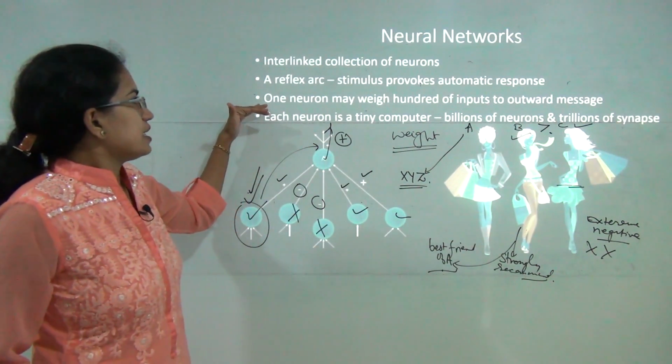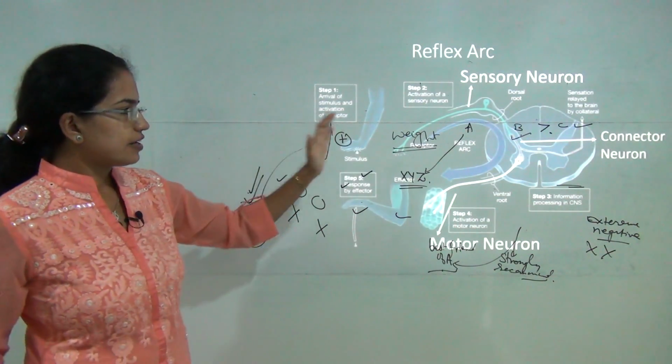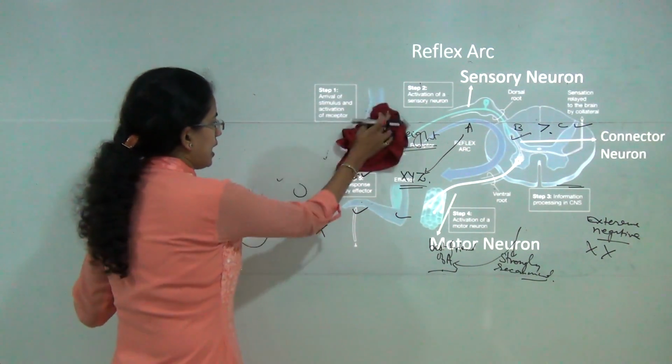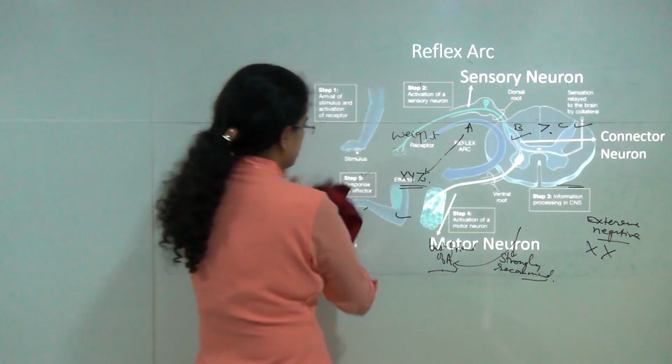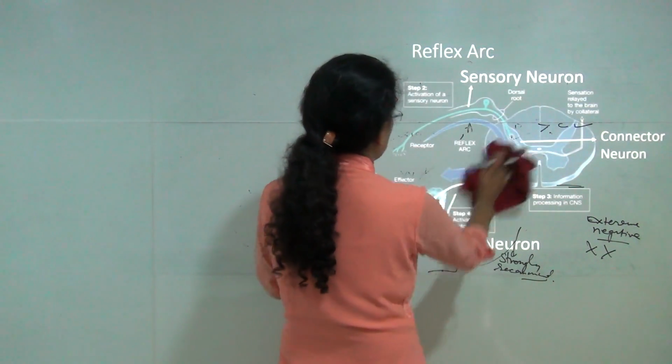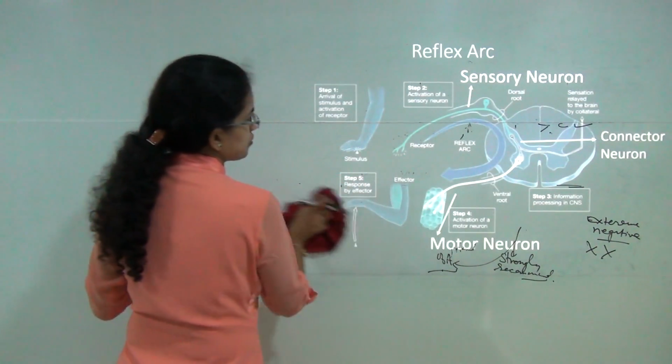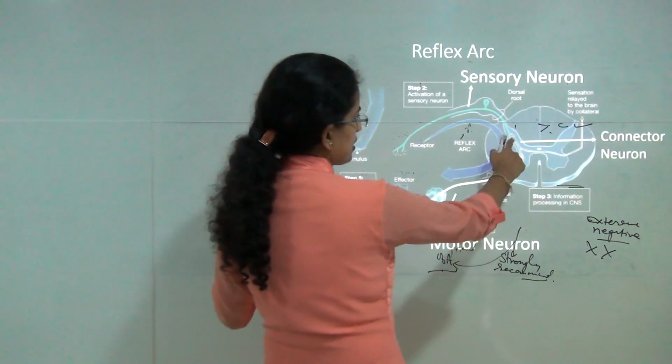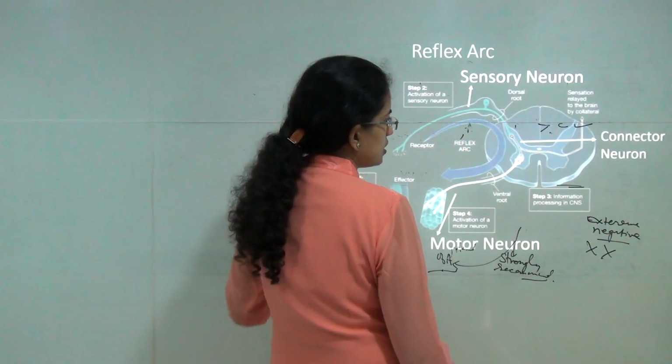So what is happening here is, you have a reflex arc which is shown, and this diagram clearly illustrates the pricking of a pin, and the activation of the sensory neuron. This sensory neuron takes the signal to the CNS.